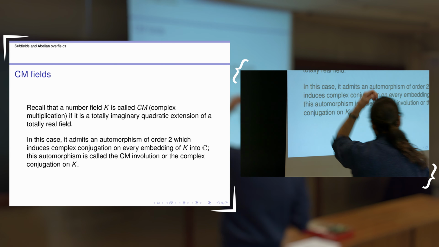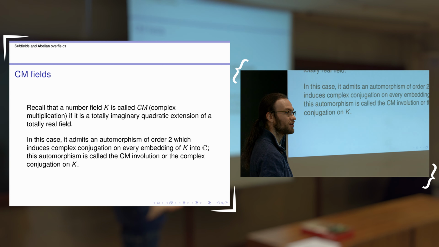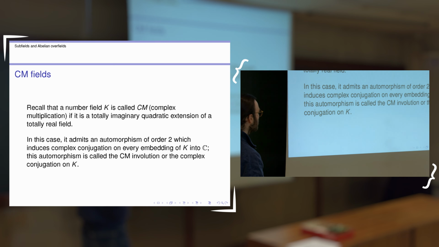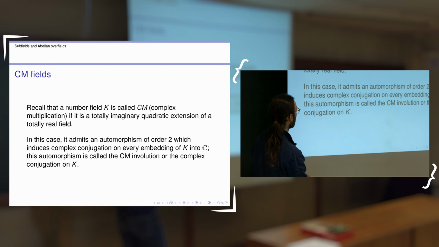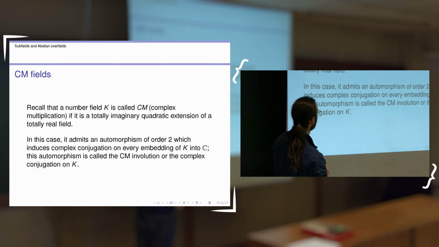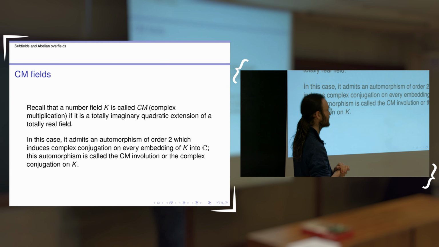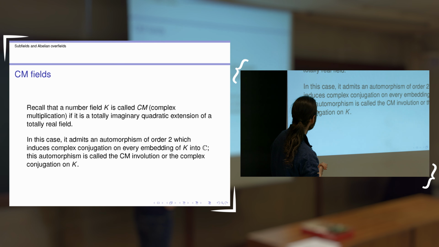Okay, we already mentioned CM fields a little bit this morning, so I'm going to give you a quick reminder. A number field is called CM if it's a totally imaginary quadratic extension of a totally real field.